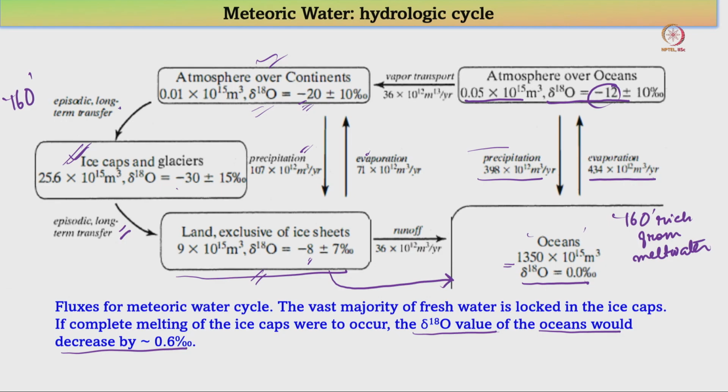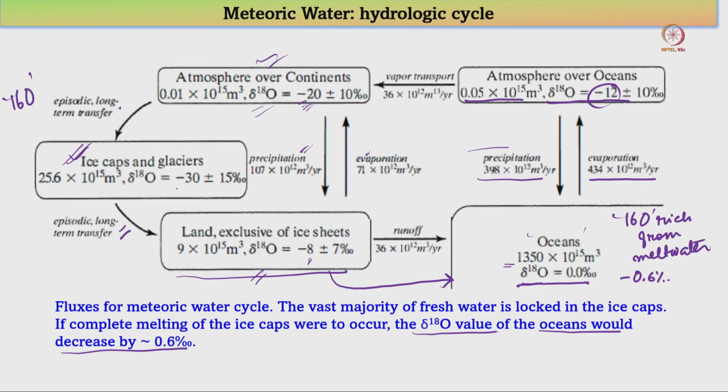Therefore, the value of delta 18O will decrease by 0.6 parts per mil, that is, 0 minus 0.6 will give you minus 0.6 parts per mil. So, this is how the stable water isotope composition is going to change across the hydrological cycle.